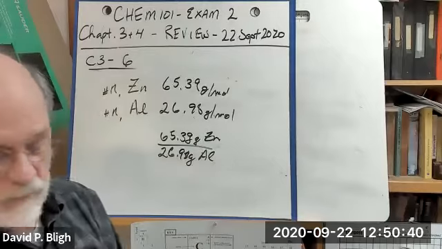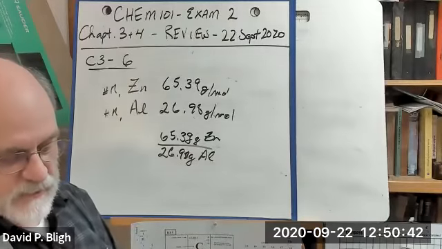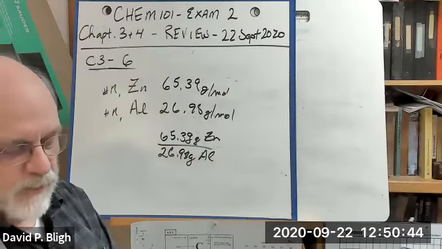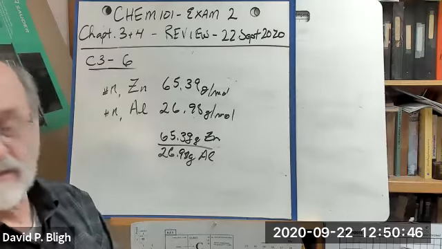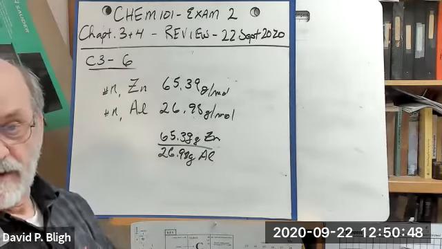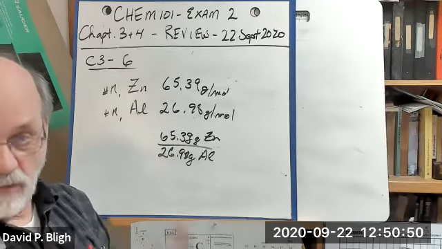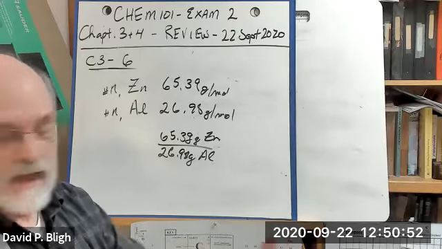Why did I ratio them? Because A says zinc sample is more than twice as great as the mass of aluminum sample. So when you say twice, you're talking a ratio, something times something else.